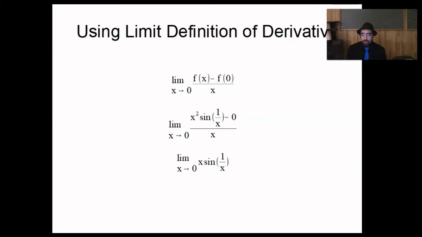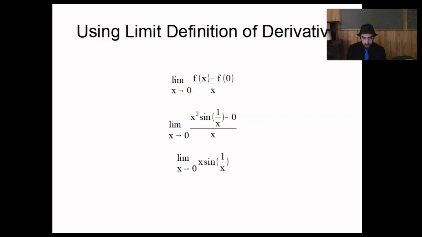And from that, okay, we know f of 0 is just 0. We know f of x, as long as x is not 0 exactly, is x squared sine 1 over x. We look at the difference, we divide by x, and we get the limit as x goes to 0 of x sine 1 over x. And there, we know that the sine function is going to be somewhere between -1 and 1.